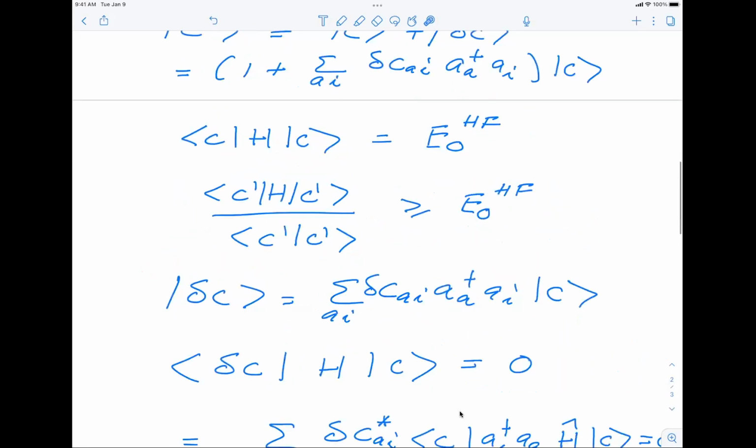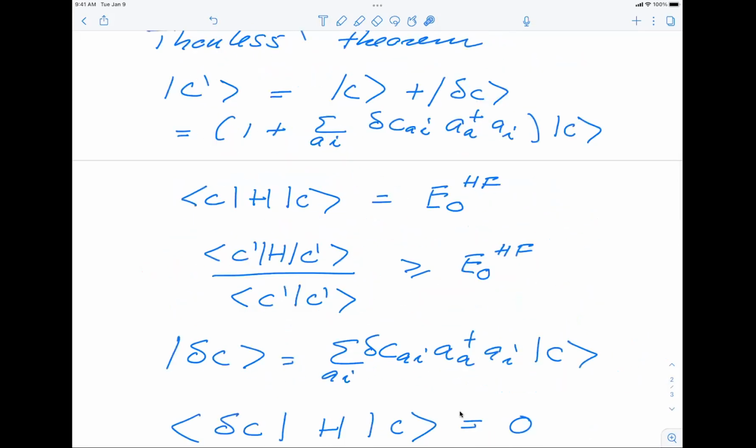So think of Thouless theorem as just a perturbation of the ground state ansatz we are making in terms of just one particle, one hole excitations. You can clearly add two particle two hole excitations if you want to.